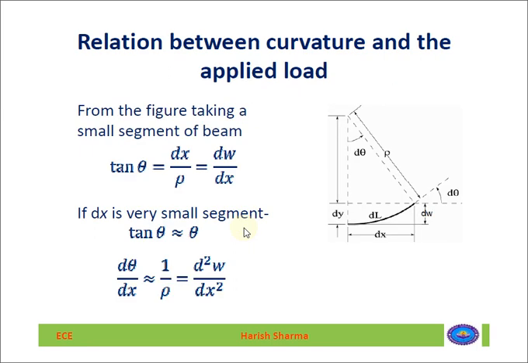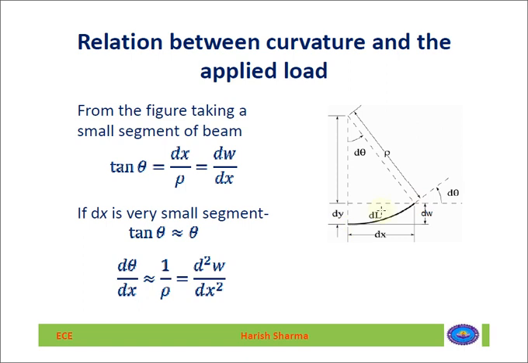Next, the relation between curvature and the applied load. See first this diagram: this is the beam in the bending position. Just take a small part of this beam, making an angle d theta, and the curve length is ds.